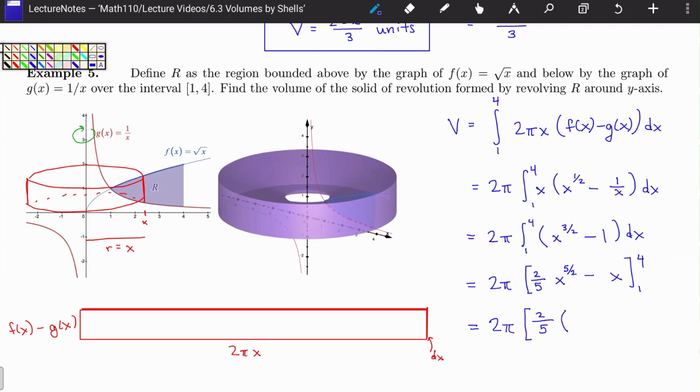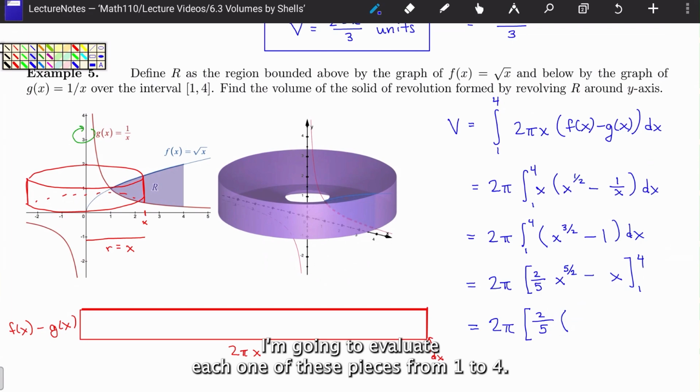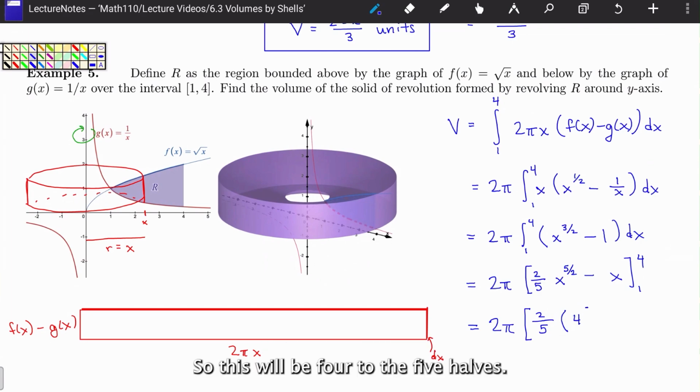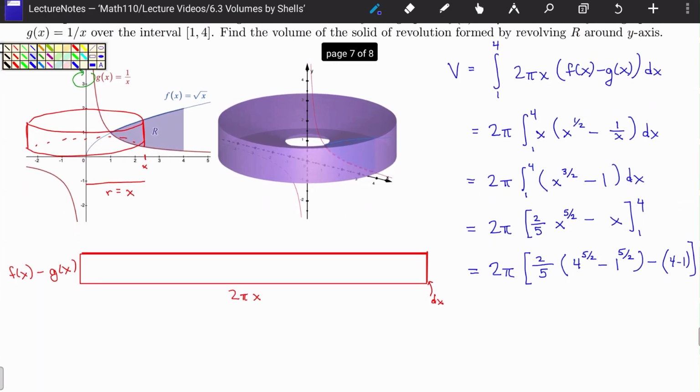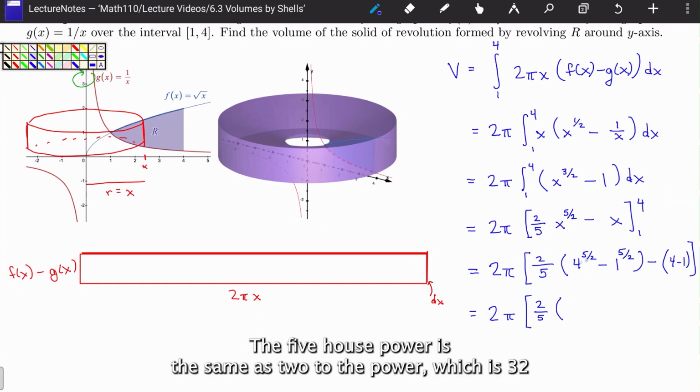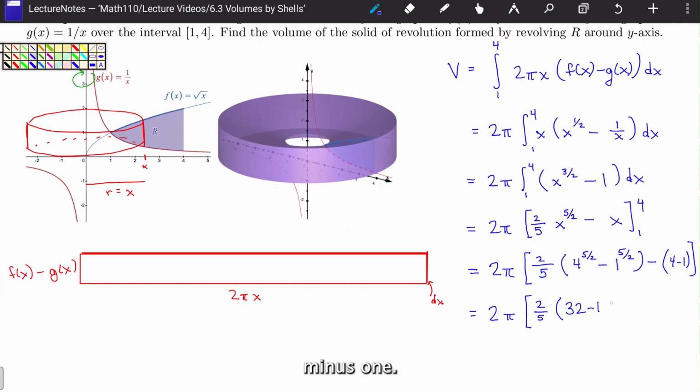2/5 times, I'm going to evaluate each one of these pieces from 1 to 4. So this will be 4 to the 5/2 power minus 1 to the 5/2 power minus 4 minus 1. 2 pi. 2/5 times 4 to the 5/2 power is the same as 2 to the 5th power, which is 32 minus 1, and then subtract 3.